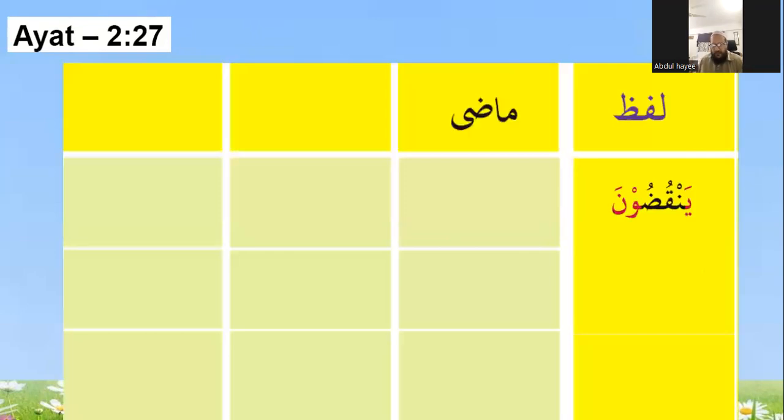Yes, what is the madi for yankudu? Nakada, three letters. What will be the mudare? Yankudu. Look, yankudu. We will add the ilamat mudare ya. When we add ya, it will have a fatha, yanakadu, and the kaf will become sakun.